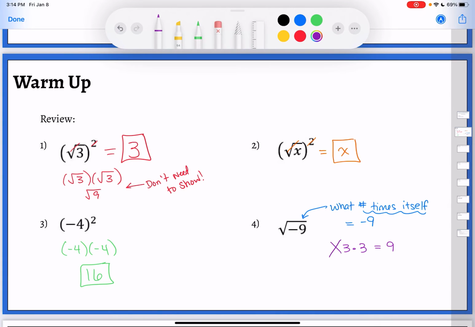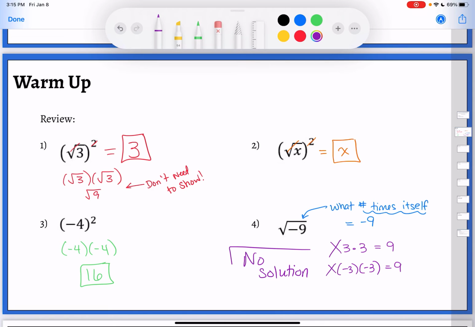That's not it. Negative 3 times negative 3 equals positive 9, right? And I need to have a number times itself. I can't do 3 times negative 3. That's not a number times itself. So you can't have the square root of a negative number. This would be a no solution.